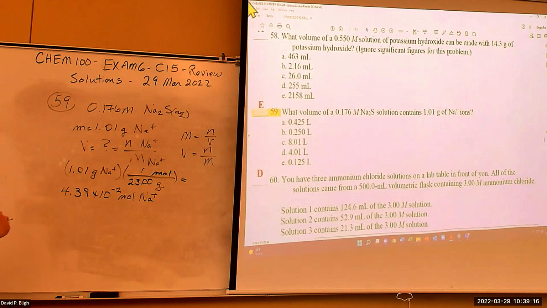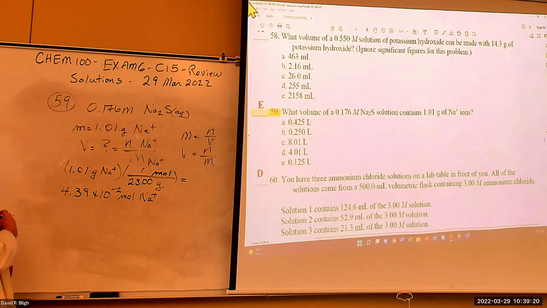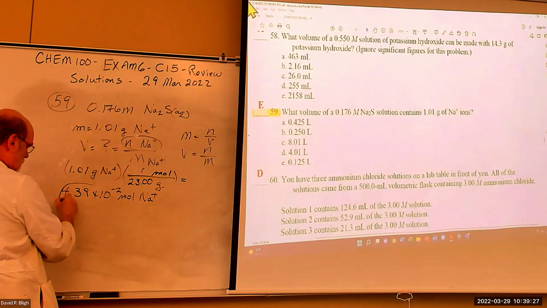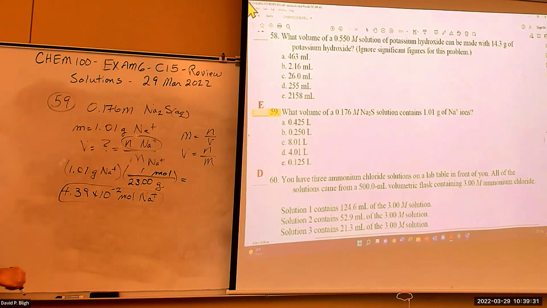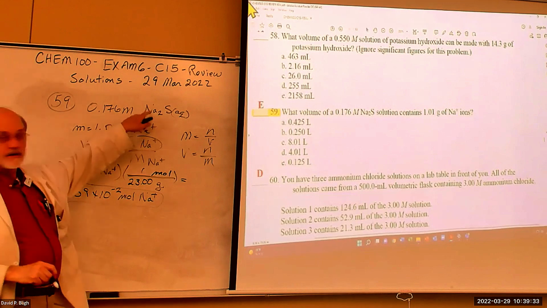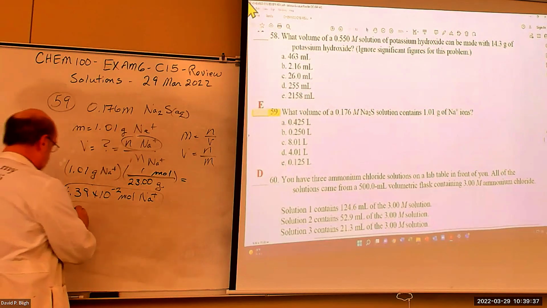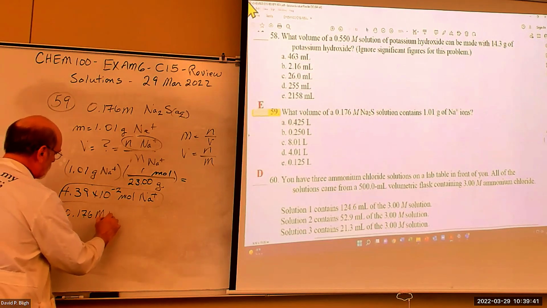Okay. Now, what's the molarity of sodium ions? We need the molarity of sodium. Well, we have the molarity of sodium sulfide, 1.176 molar.